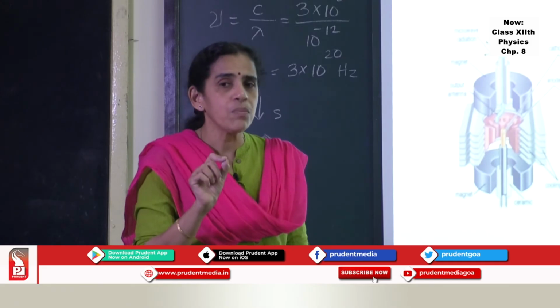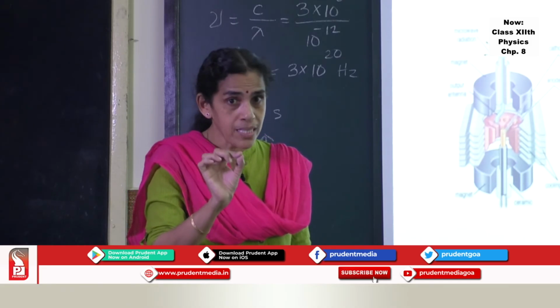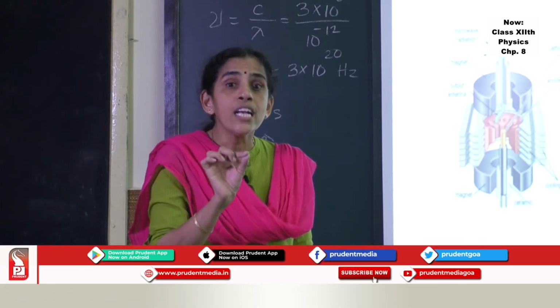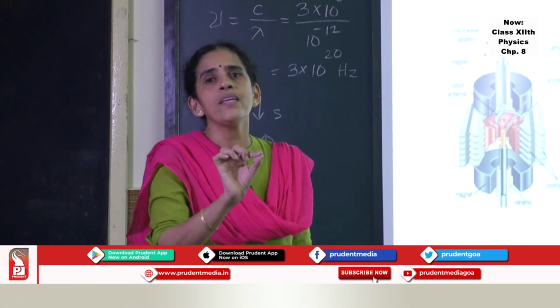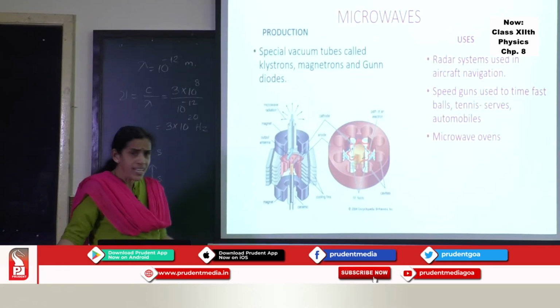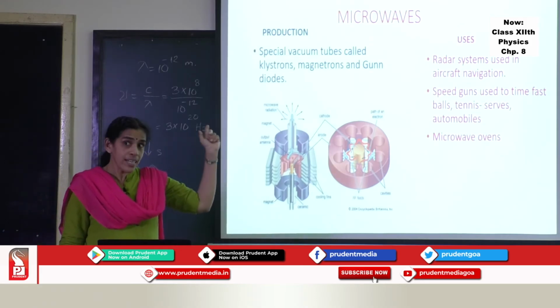So this is the principle of working of microwave ovens. Basically, the frequency of microwave is made equal to the frequency of water molecules. Okay? Then, it's also used in radar systems. You have studied in 11th standard.